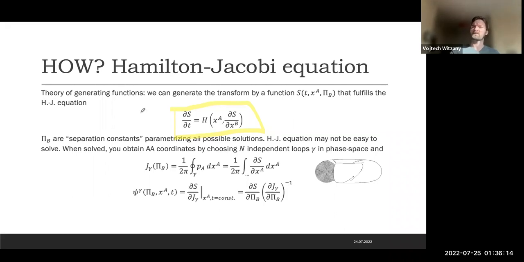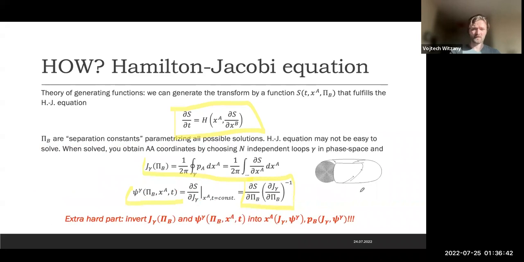And then you go through certain transformation steps. You have to compute these difficult integrals. And then in principle, if you compute them well, you can invert these functions and take a derivative of your Hamilton-Jacobi action, re-expressed in these new variables, or you just do it partially by inverting the Jacobian.